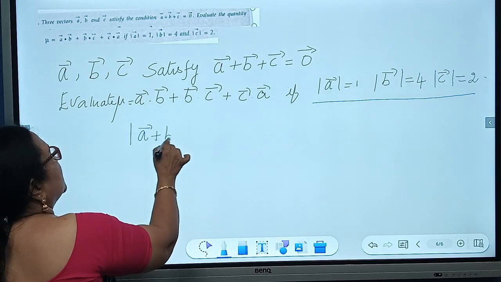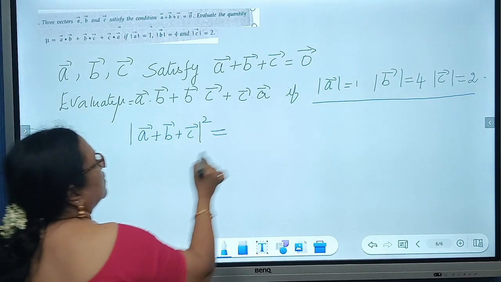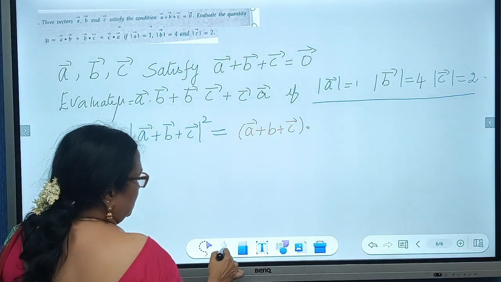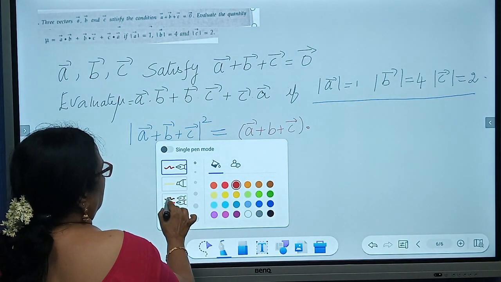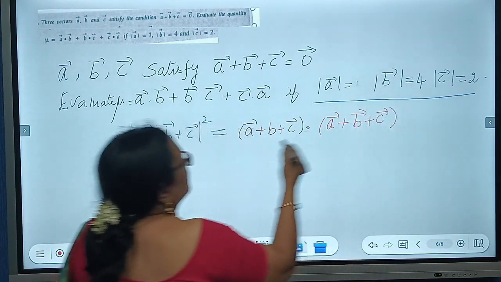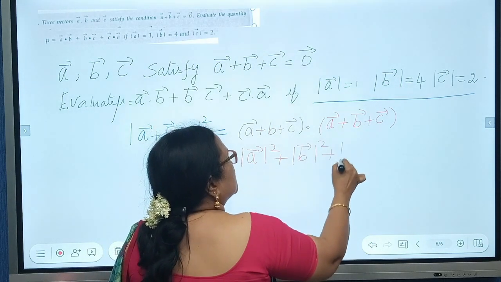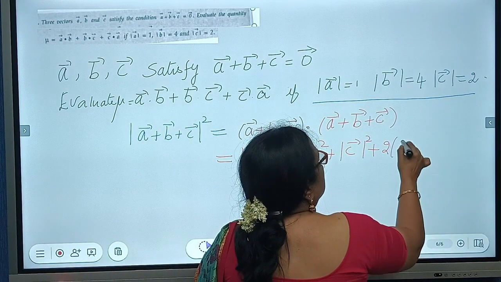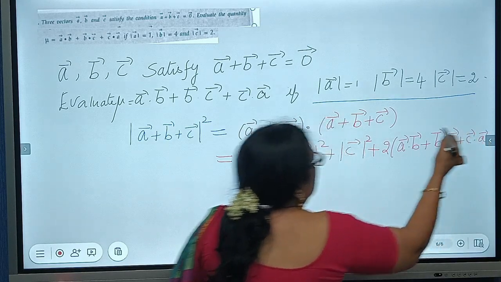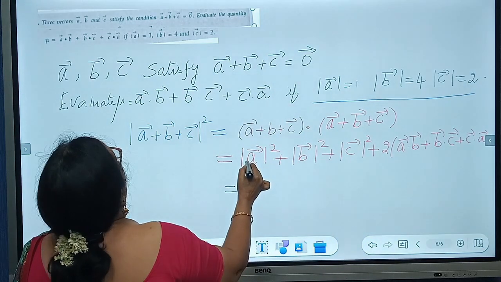Modulus of A vector plus B vector plus C vector, the whole square, is equal to A plus B plus C dot A plus B plus C, which is equal to modulus of A vector the whole square plus modulus of B vector the whole square plus modulus of C vector the whole square plus 2 times A dot B plus B dot C plus C dot A. What is modulus of A vector the whole square?